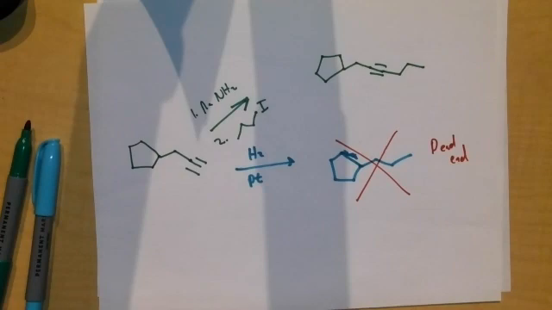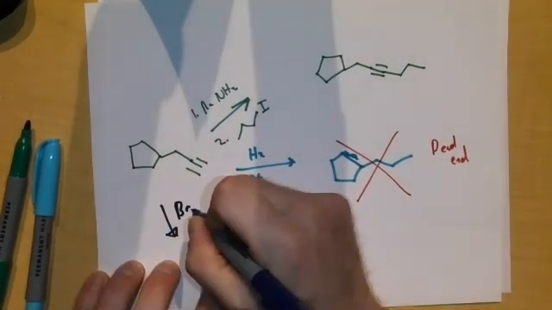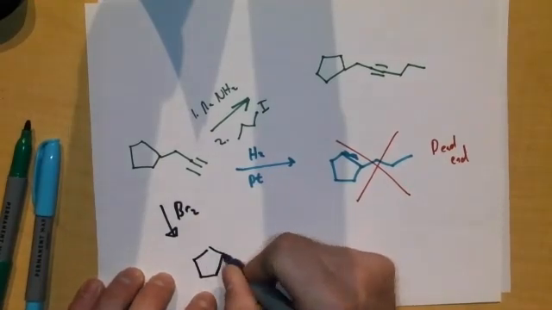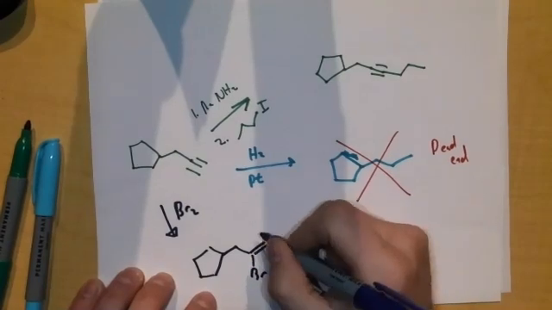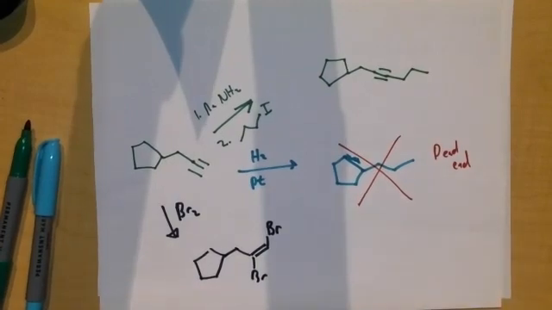If I brominate first, so I add in Br2, I'm not as stuck.